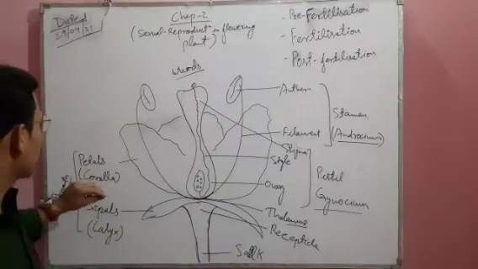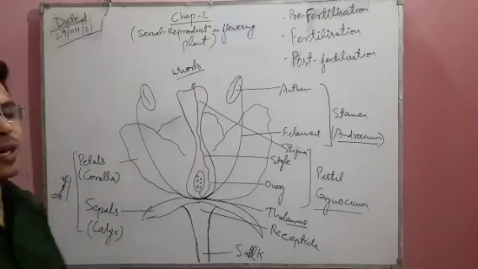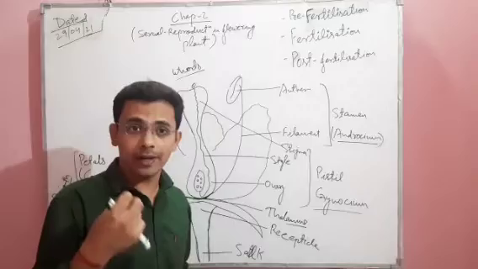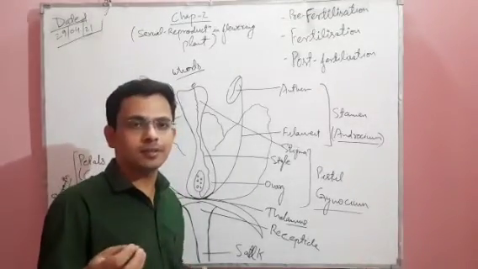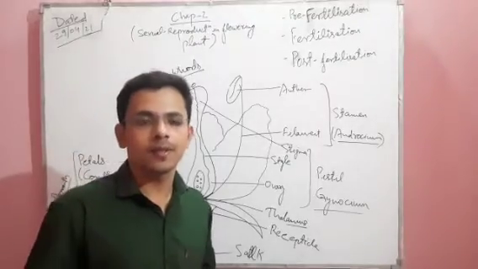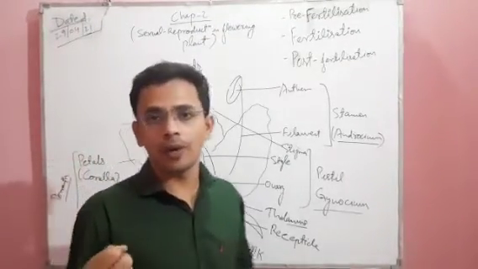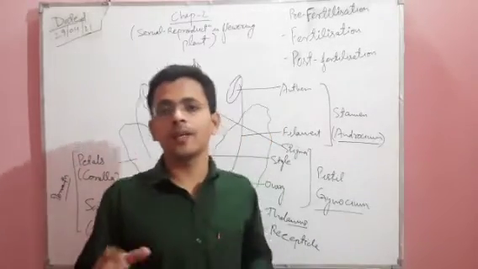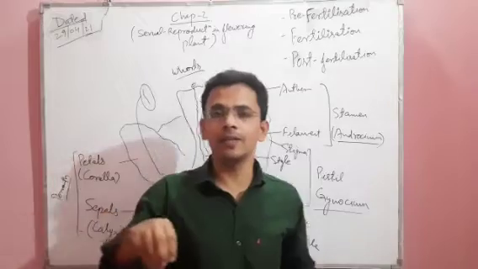So what is the role of petals? We can see that flowers are of different colors, fragrant, attractive and bright in nature. The role of that is attracting the pollinating agents. What are the different types of pollinating agents?